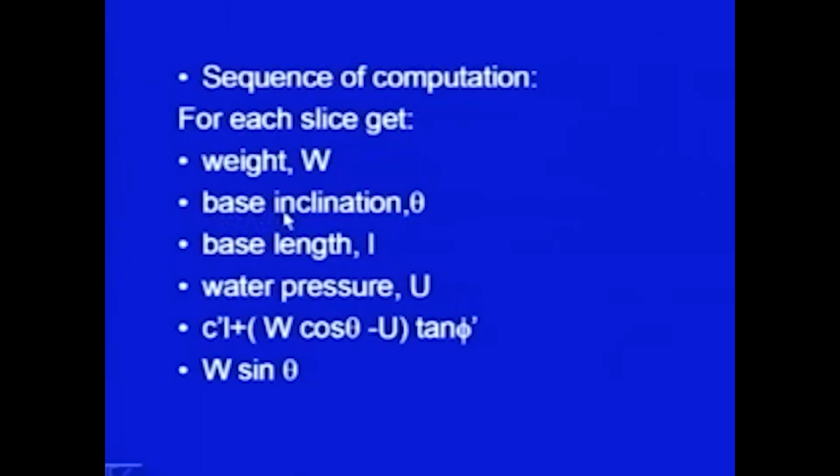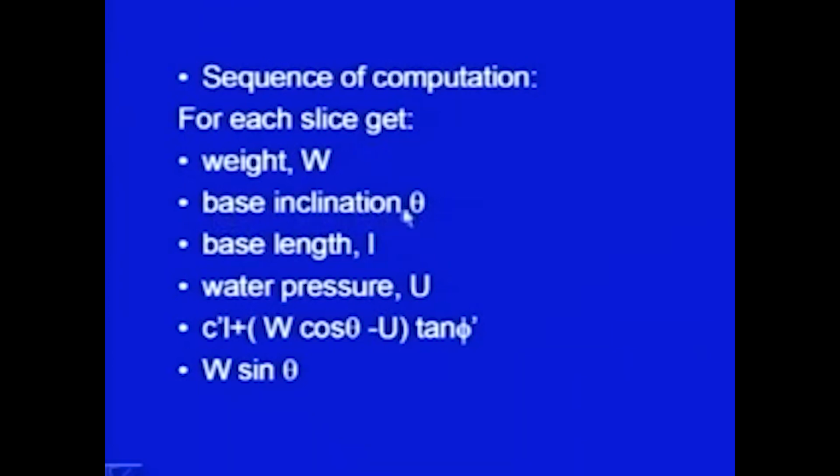Then you can find out the base inclination geometrically. You can do it graphically, or you can do it analytically also. So, base inclination theta is available. Roughly, you can get it by taking the inclination of the chord. Otherwise, you can draw a tangent at the center of that smaller component of the arc.